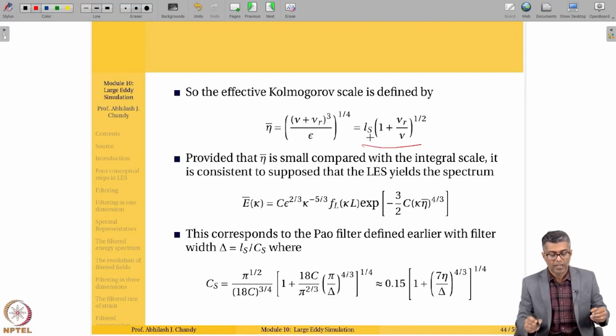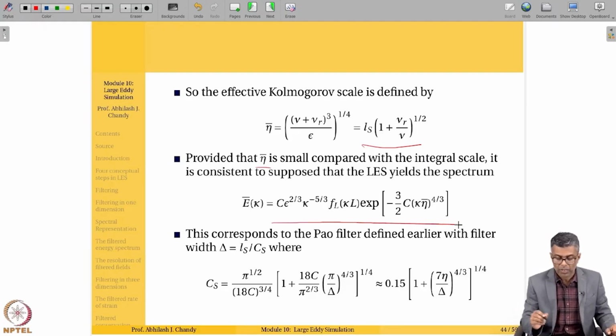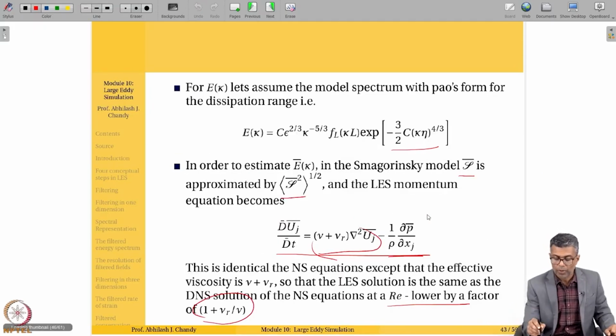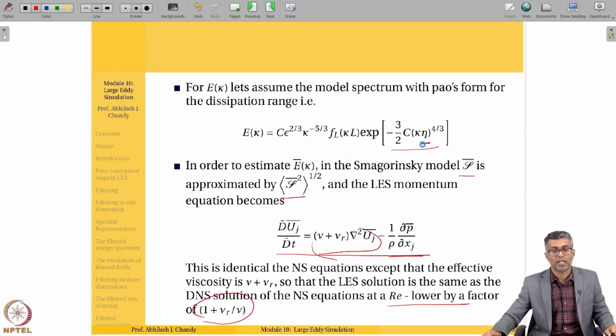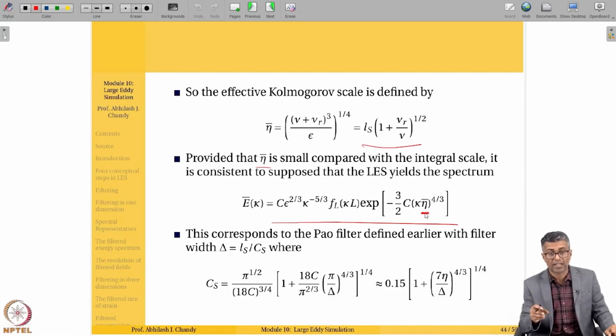Then, provided that this eta bar, this apparent Kolmogorov scale, is very small compared with the integral length scale, it is consistent to suppose that the LES yields a spectrum, this one. So your LES spectrum will now be with eta bar, as you can see here, not with eta, and eta bar is the apparent Kolmogorov scale as modeled in LES.